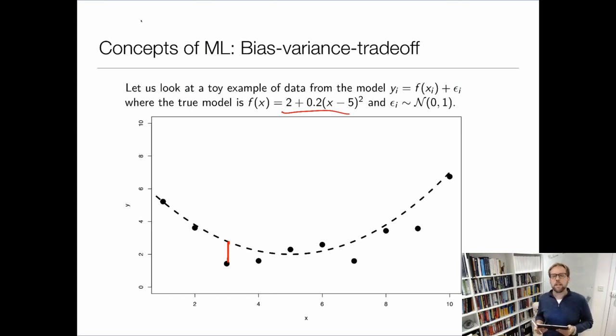The question is, what will happen if I now fit functions of different polynomials to it? I could fit a linear function, a quadratic function, a fifth order polynomial, a 10th order polynomial, I could fit various polynomials to it. And that's a question we often face in machine learning, like in neural networks, for example.